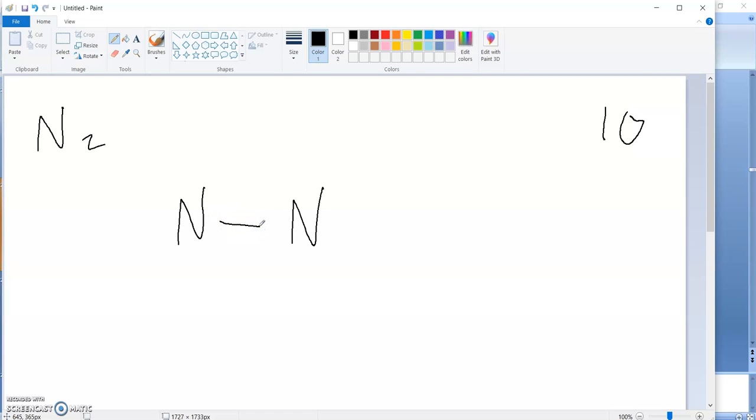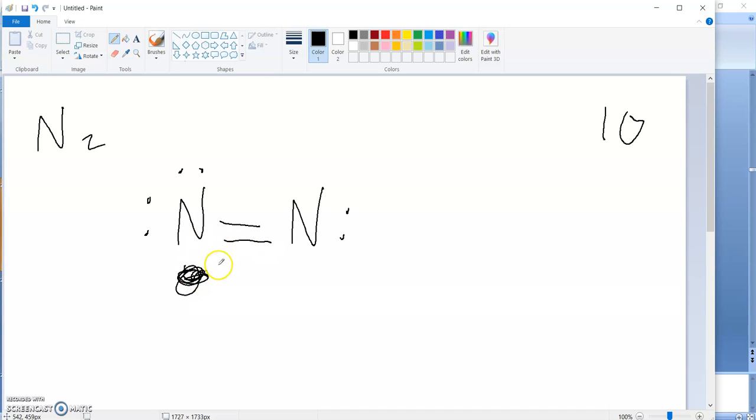That's 2, 4, 6, 8, 10. I've used all 10 electrons, and this nitrogen is still short quite a bit. The nitrogen on the left has 2, 4, 6, 8 electrons, but the nitrogen on the right only has 2, 4. So what do? Well, we can take one pair of electrons away from here and make a double bond.